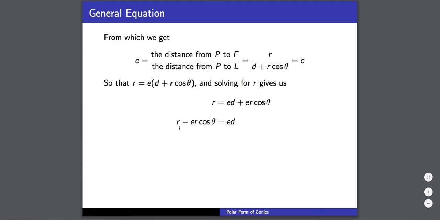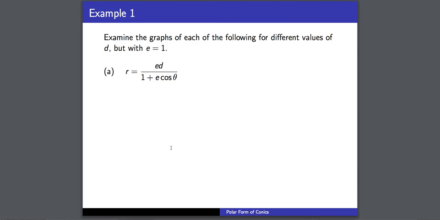Now both terms on the left have an r, which we can factor out. So we have r times 1 minus E cosine theta equals E times d. Then divide both sides by 1 minus E cosine theta, and we get the polar form: r equals E times d over 1 minus E cosine theta.